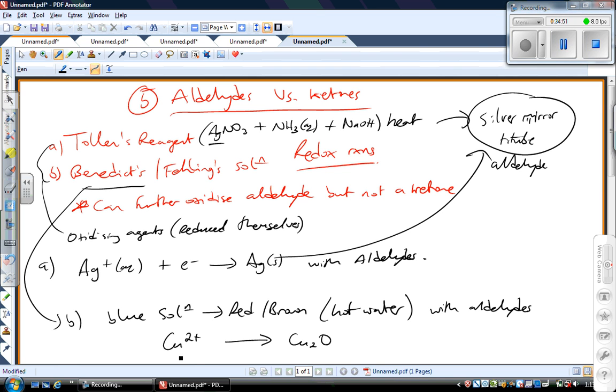And the oxidation numbers you have here, that's +2 going to +1 in the copper oxide, so there's your reduction right there. Again, reduction's taking place, and you just want to balance that equation out. So you balance your copper, then you add some water to balance the oxygens, and then you add your 2H plus. So that's the equation you want to be writing to show the reduction reaction of Benedict's solution to go from blue to brick red. And that's another test to distinguish between aldehydes and ketones.